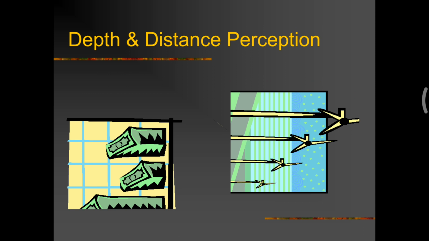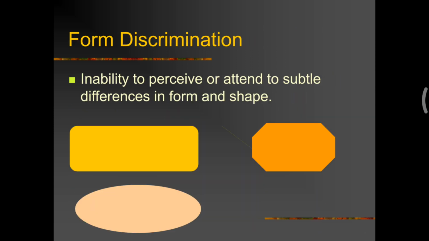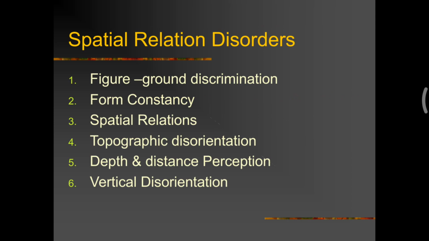So I hope you would have understood by the end of it what the different types of spatial relation disorders are. To summarize, spatial relation disorders are of many varieties. They include figure ground discrimination, where we have difficulty identifying what's in the foreground and background, form constancy, a spatial relation disorder, topographic disorientation, vertical disorientation, and depth and distance perception.